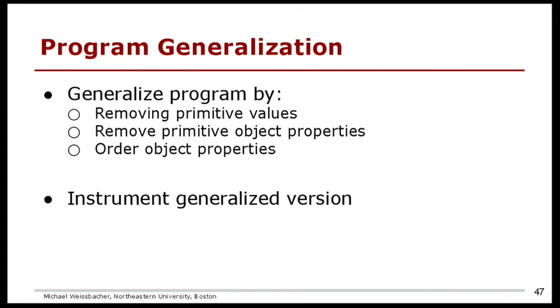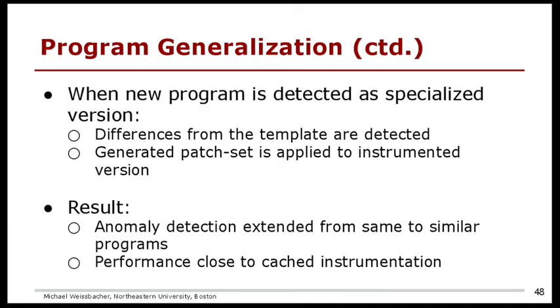Okay, and so how we do this, we remove all primitive values. So we reset strings to empty string. We're removing object properties out of objects, and whatever remains in an object, like objects in objects or functions, we order. And once this is done, we are instrumenting the program with our tool.